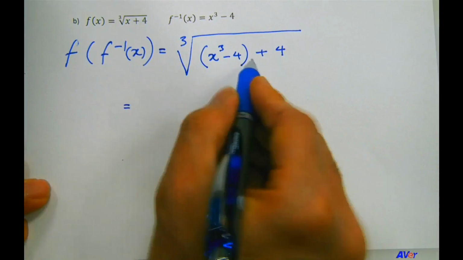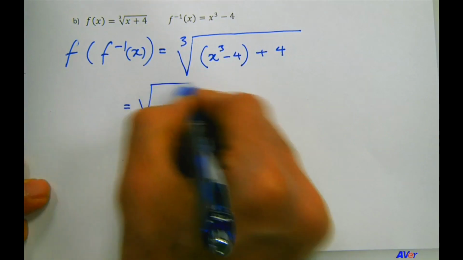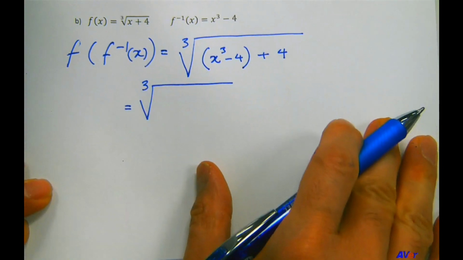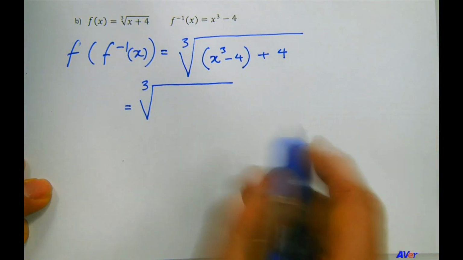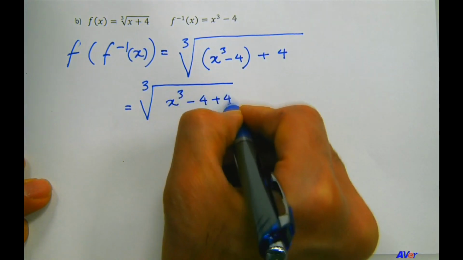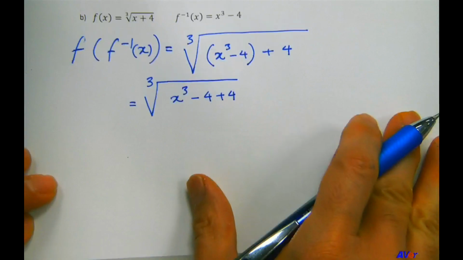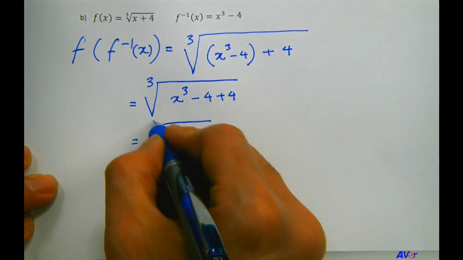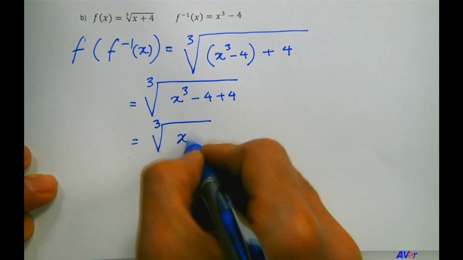Okay, so what do we have here? Let's remove the parentheses. We've got third root of x cubed minus 4 plus 4. Then we have third root of, minus 4 and 4 add up to 0. We have third root of x cubed.